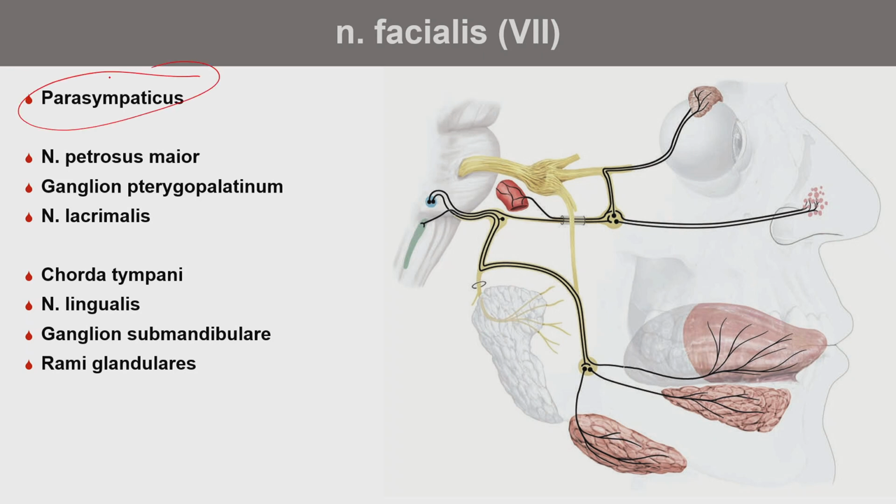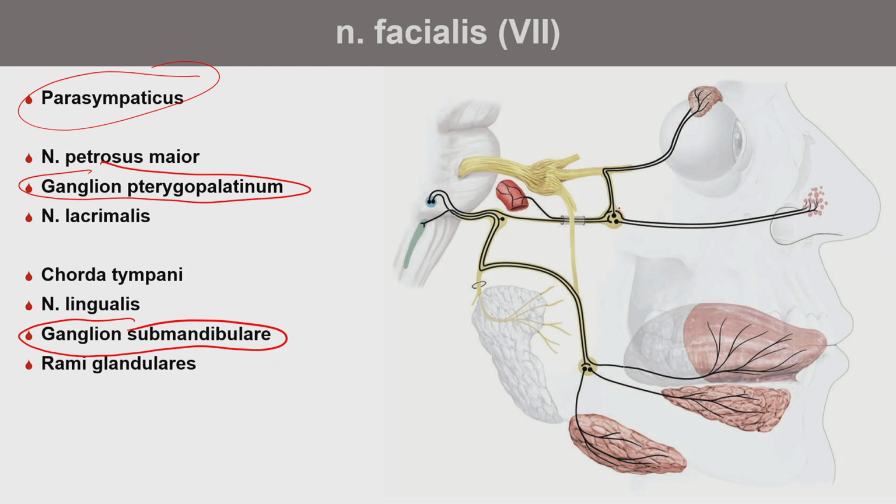So, about the parasympathetic part of the facial nerve. Remember once again that we have two ganglia which are supplied by this nerve, from the superior salivatory nucleus. They are pterygopalatine and submandibular.